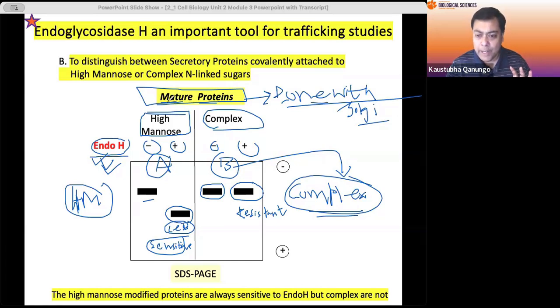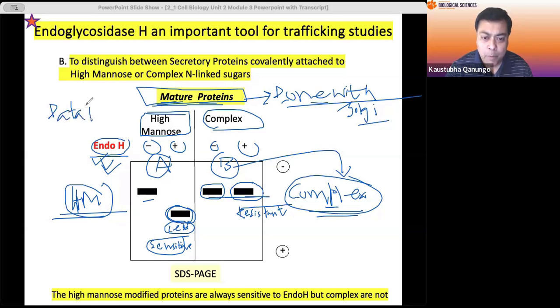Treating them with endo H, both matured out of Golgi, you tell me which protein is what. Whatever is less, you will see that that is high mannose. Whatever is at the same level, which is resistant, that will be complex. This is your data set one.